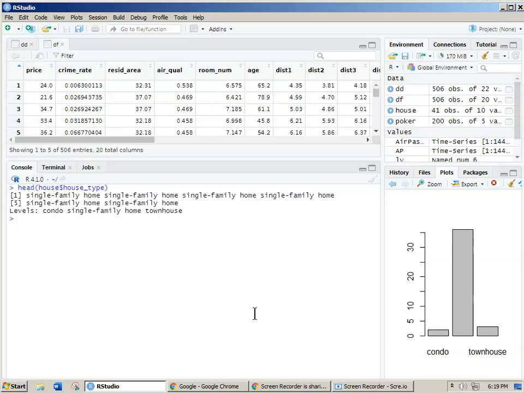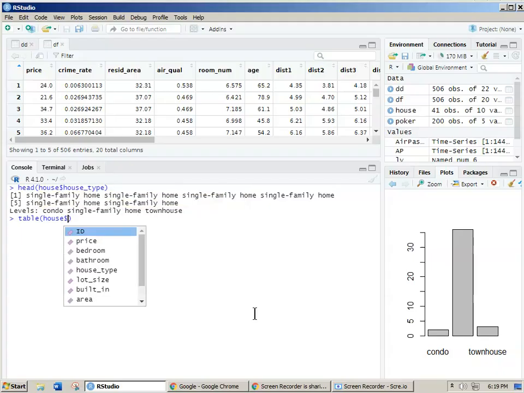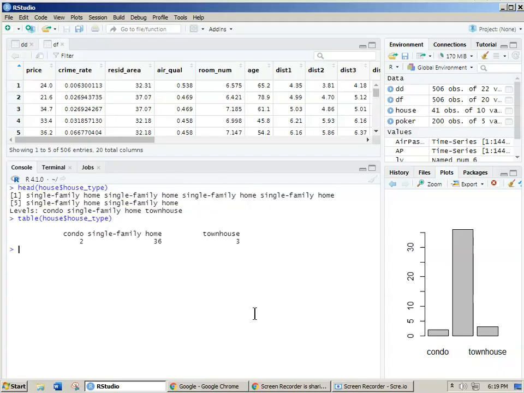Some things you can do with a categorical variable. There's a lot of things you can do with a categorical variable. So let's look at the table. Table, house, and house type. All right. So this is what we have here. Now this is good information. Now we're starting to get useful information from our data.